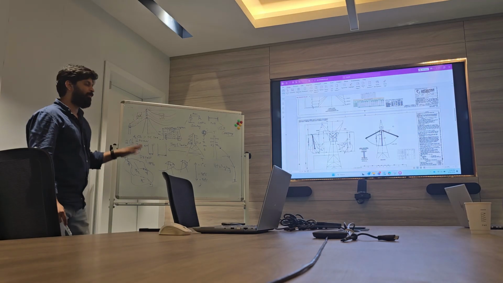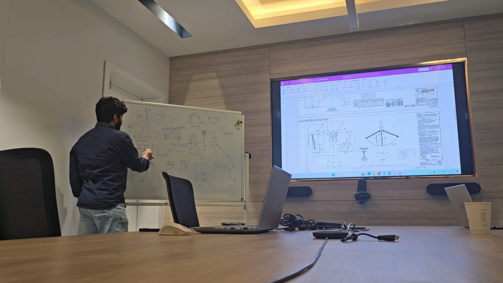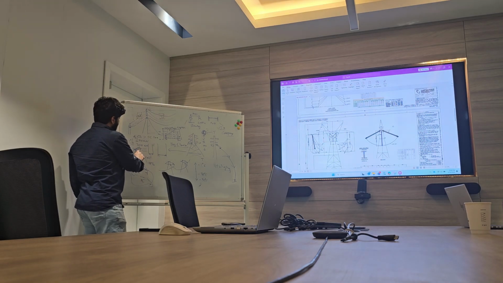Now we play after this one. This is only between tower to tower. In some locations where we have gantry and tower, we make it only 5%.